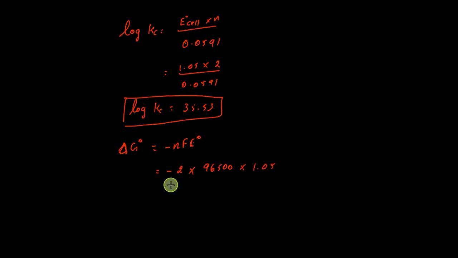When we multiply them, we get minus 202,650 joule per mole. Now if I want the value in kilojoule per mole, I can simply divide it by 1000. So I will get minus 202.65 kilojoule per mole. This is my delta G naught value.